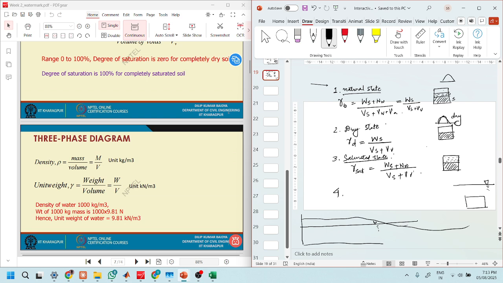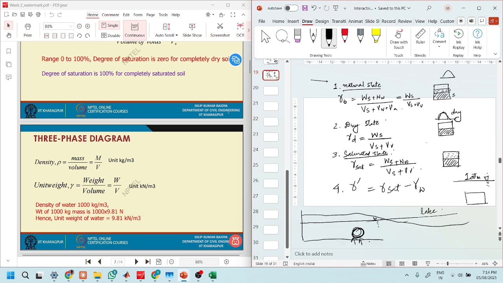For example, this is a lake. You will have a water table. So in this situation your sample is below the water table, at atmospheric pressure. This sample will be a submerged sample. We will take this as gamma submerged, because there is a buoyant force acting on this soil, no matter if you have a soil there which is saturated.